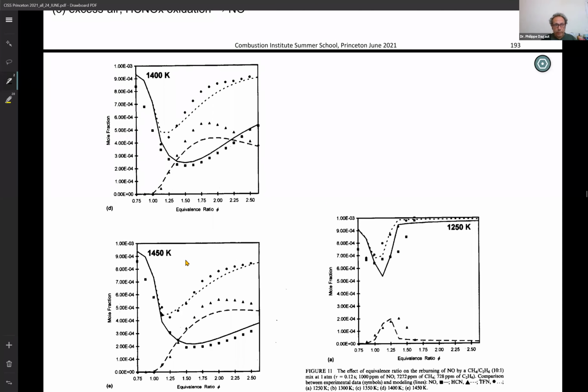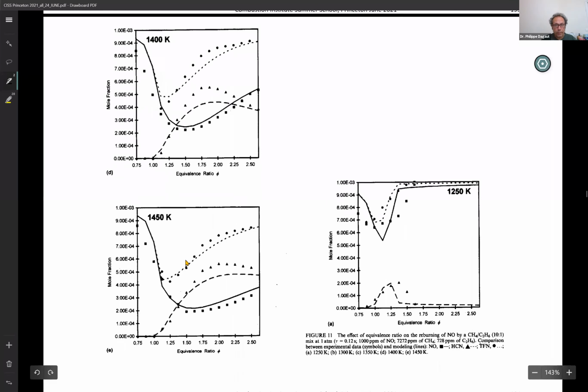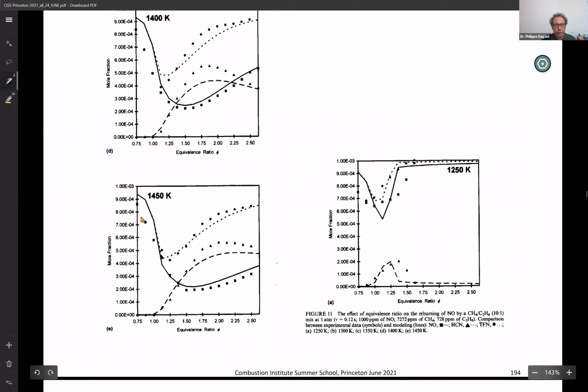If we operate at still higher temperatures, you can see that the conversion is a bit better, but it is still maximum just above stoichiometric conditions, between 1 and 1.25, similar to here.